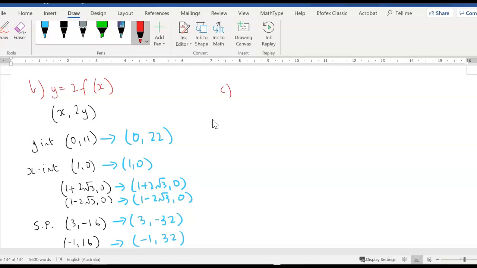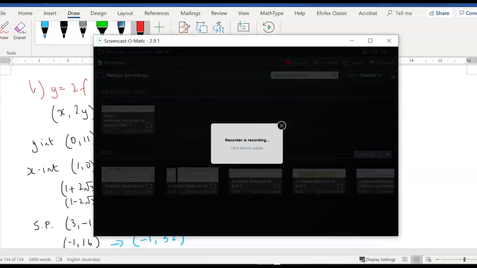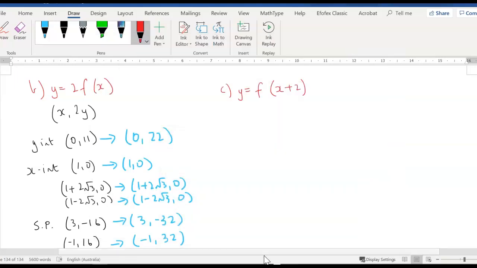All right, so for question C, we've got y equals f of x plus 2. So the transformation for this one, and you should know by now, is we've had a shift to the left, or in the negative direction of the x-axis, 2 units.